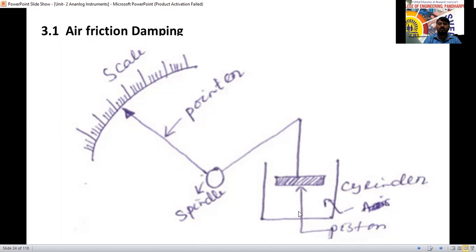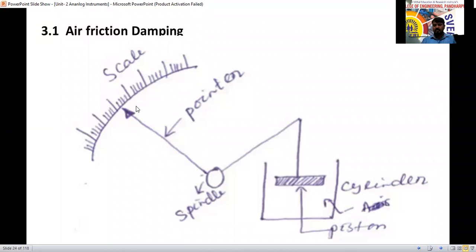Whatever compressed air is inside will start to force this, but because the force of the outer air is greater than the compressed air, slowly it is going up. So the pointer will slowly move, stop, and come back to zero. That is called air friction damping. The piston we are going to use here.